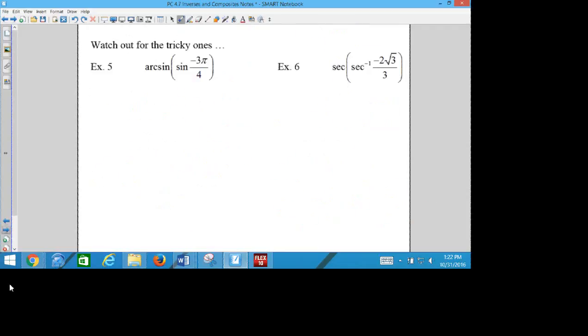Why don't you try the next one? It says it's tricky. It's not really tricky. That's the only reason why it's tricky. If you do it step by step, it's not.